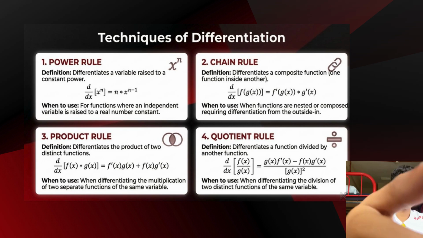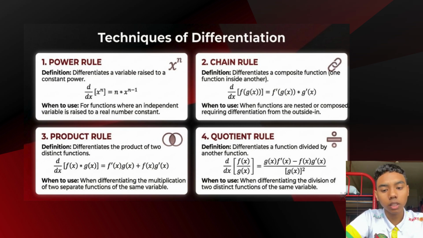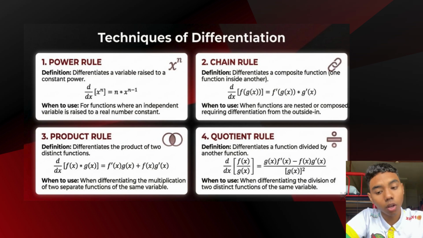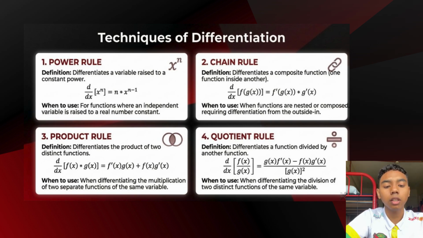So the last one is the chain rule. How to use the chain rule is, if u is differentiable at a point x and y is differentiable at a point u, the chain rule says that dy over dx equals dy over du multiplied by du over dx.